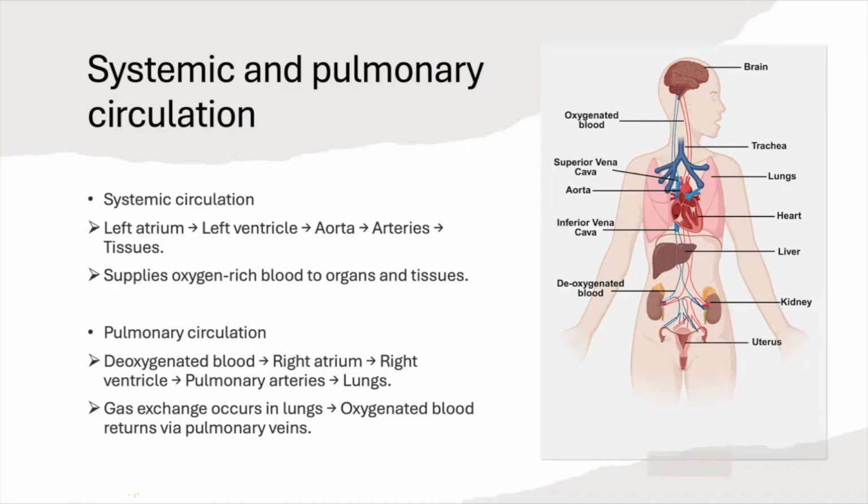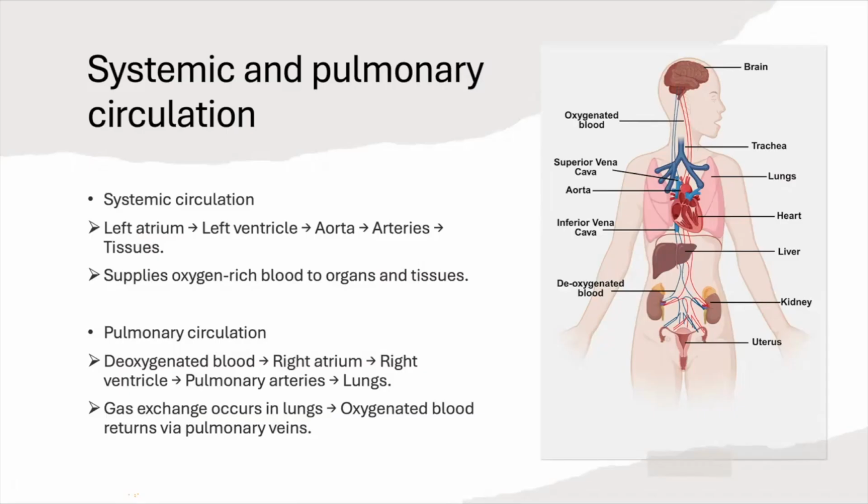Once the right atrium is filled with deoxygenated blood, the right atrium contracts and the tricuspid valve opens, letting the blood flow into the right ventricle. Once the right ventricle is filled, it contracts, letting the deoxygenated blood pass into the pulmonary arteries and from there to the lungs, and from the lungs the CO2 is eliminated outside the body.